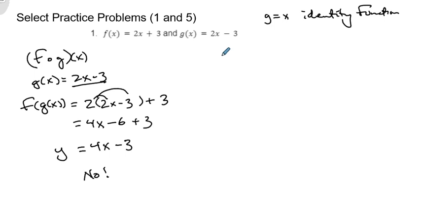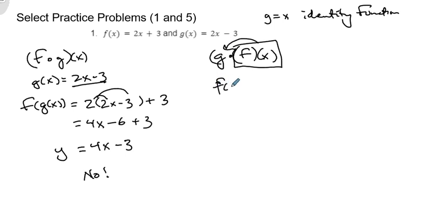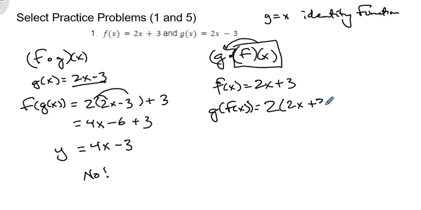Let's do it the other way to see if the order in which you start would make a difference. If we did f of x first, f of x is equal to 2x plus 3, and then you plug that into g. So g of f of x is equal to 2 times 2x plus 3, minus 3.